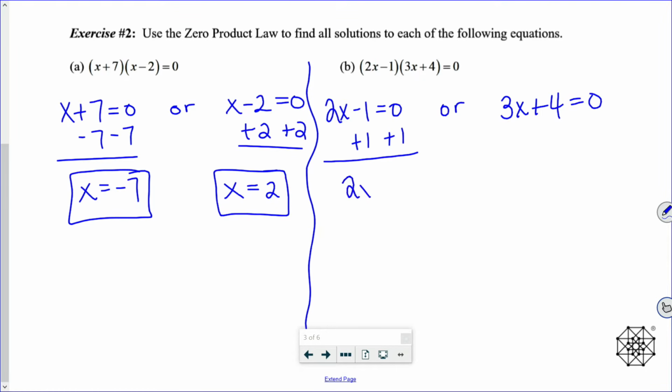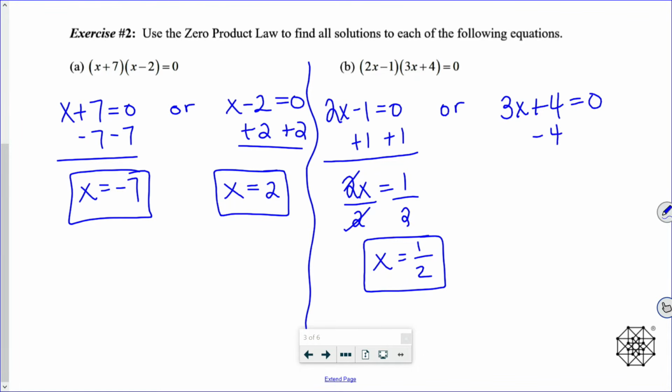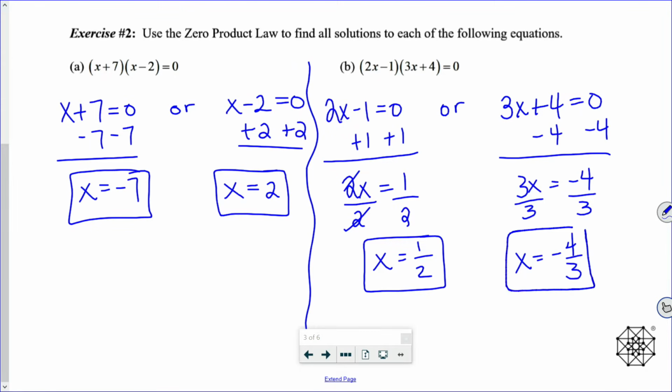I would then get 2x is equal to 1, divide both sides by 2, and I'd get x equals 1/2. In this equation, subtract 4 from both sides. 0 minus 4, be careful there, is -4. Then divided by 3, and I'd get x equals -4/3 or -1 1/3, however you'd like to express it, right?